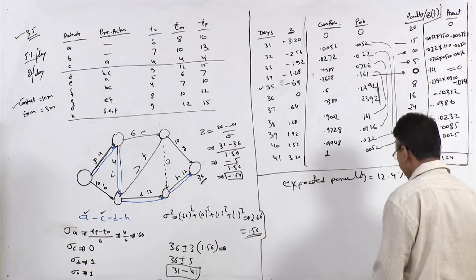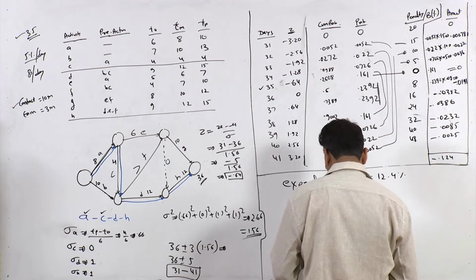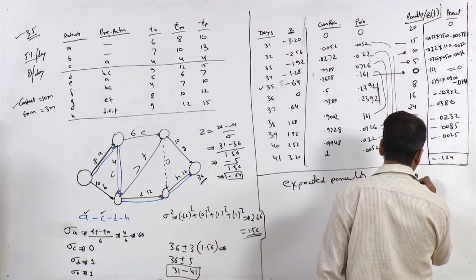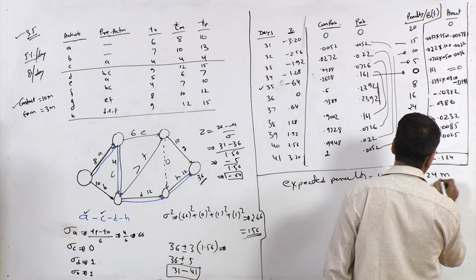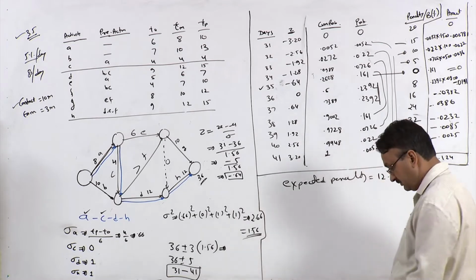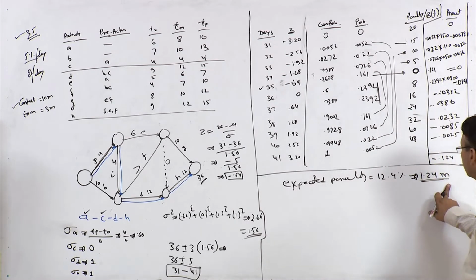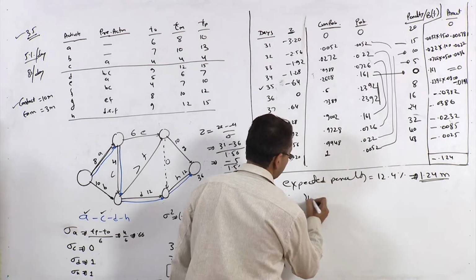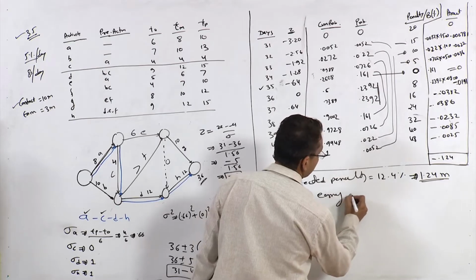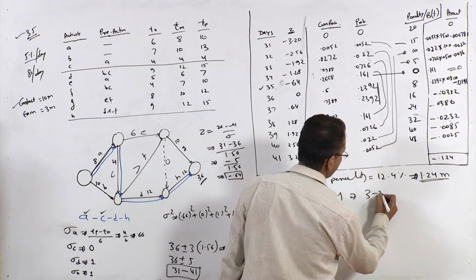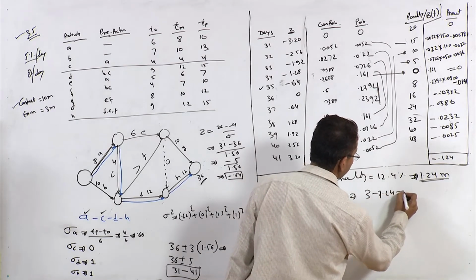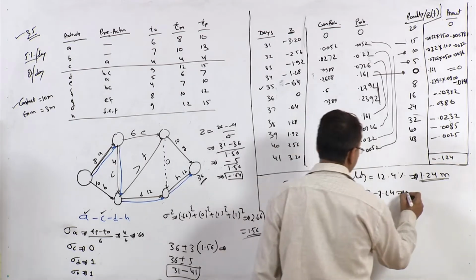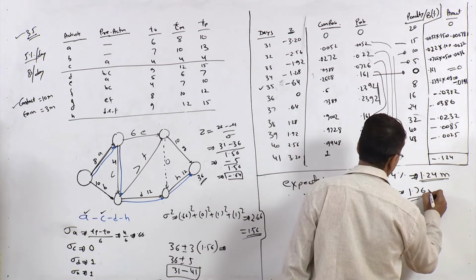And so the penalty amount is, in other words, 1.24 million. When this is the penalty, what is the expected earning? 3 minus 1.24. So this is 1.76 million.